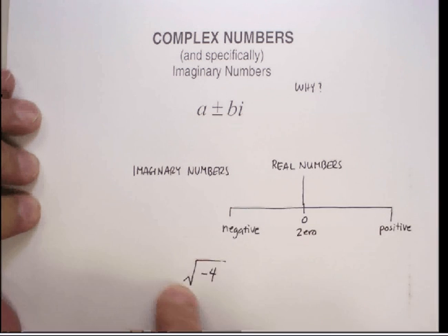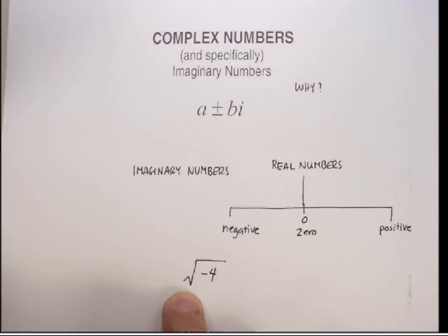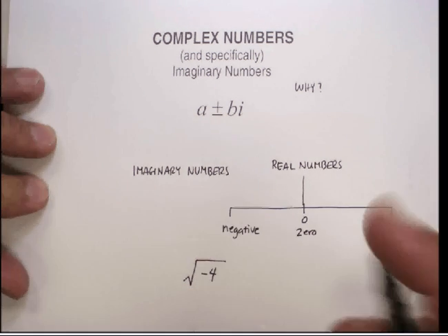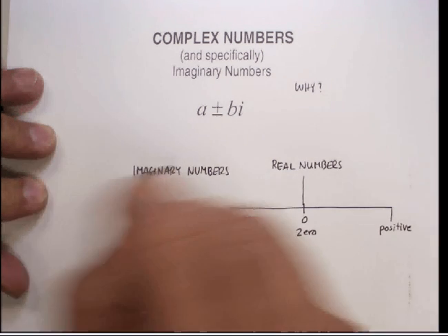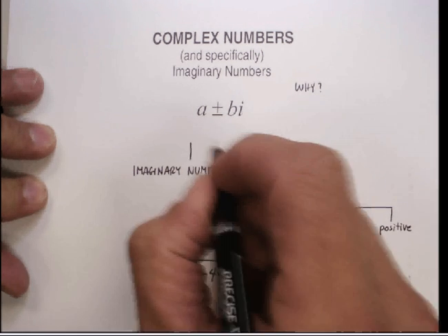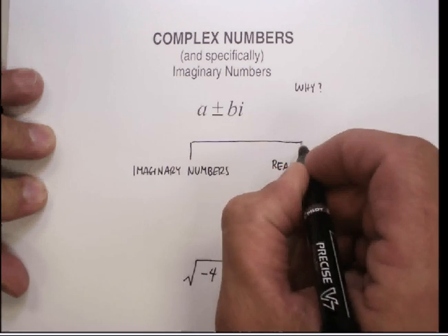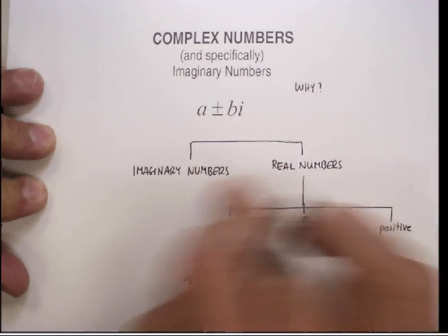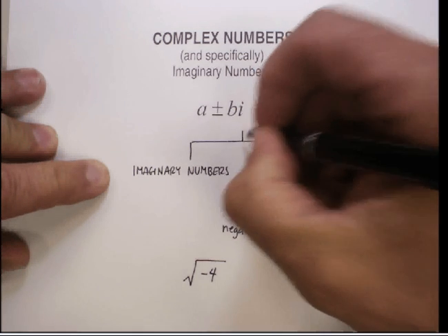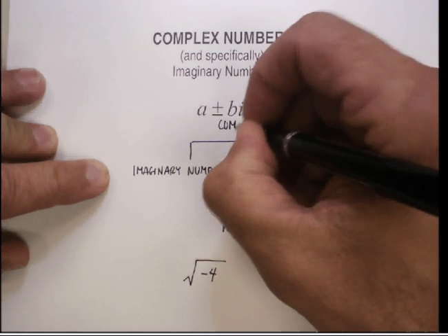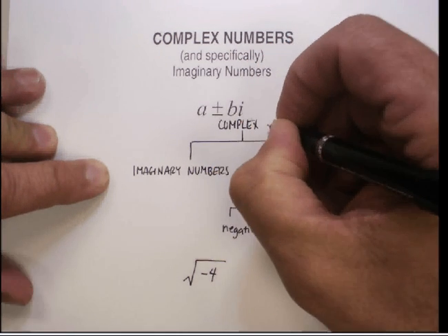And specifically they deal with square roots of negative numbers. Now in order to do this, let me just say one last thing. They call both of these together, imaginary numbers and real numbers, complex numbers.